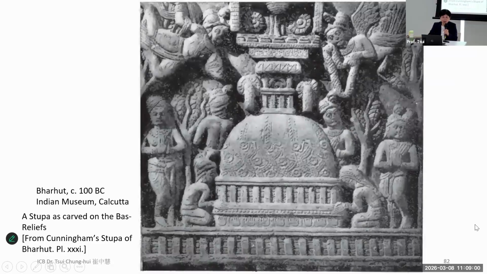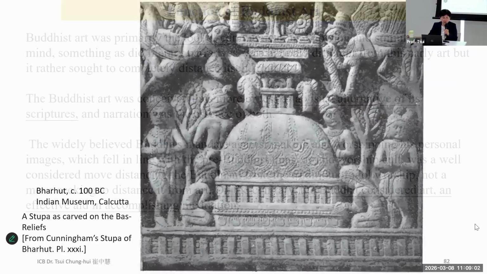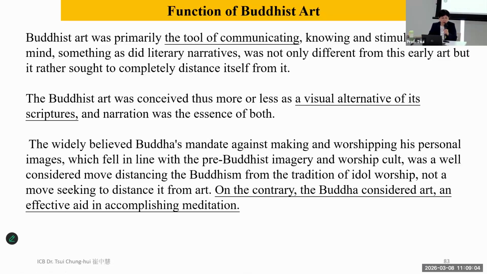So the stupa is a very essential symbolic motif in Buddhist art. Buddhist art was primarily a tool of communicating with the audience and also the spirituality in the ultimate truth, knowing and stimulating the mind.